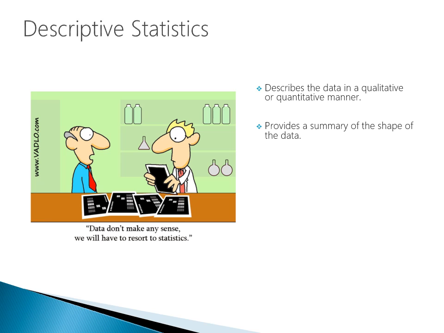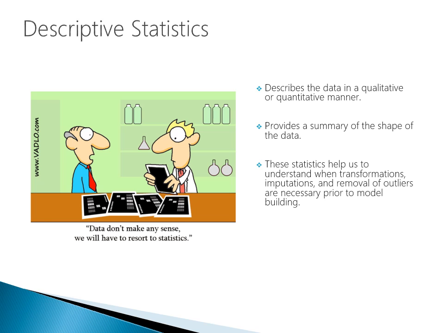They help us to provide a summary of the shape of the data, and the shape of the data is very important when we're trying to decide how we want to go about modeling. These statistics help us to understand when transformations, imputations, and removal of outliers are necessary prior to model building.